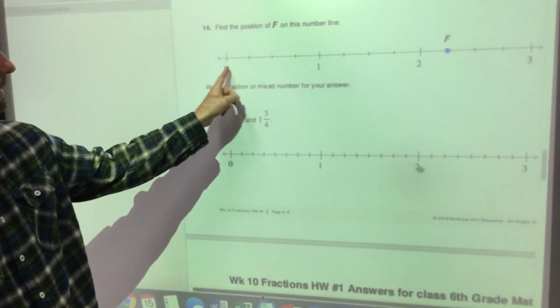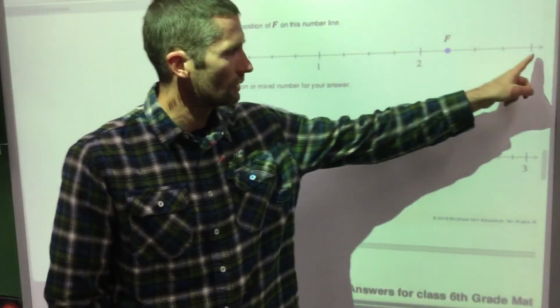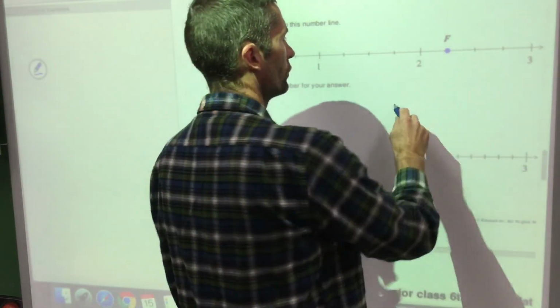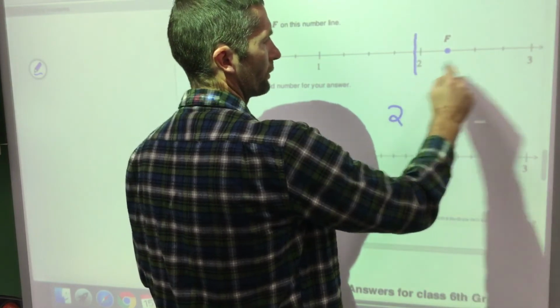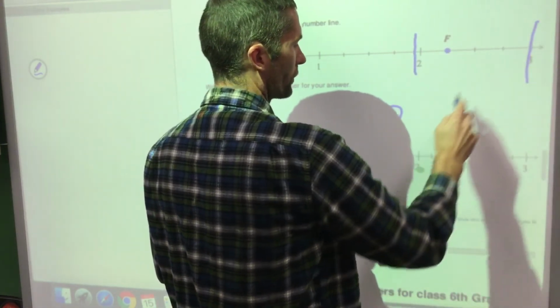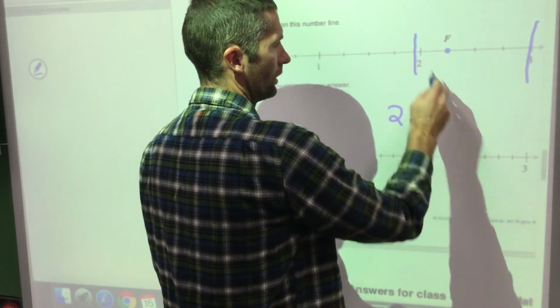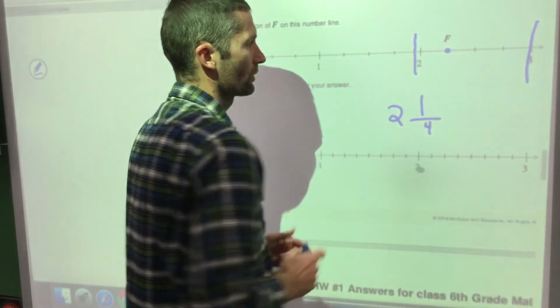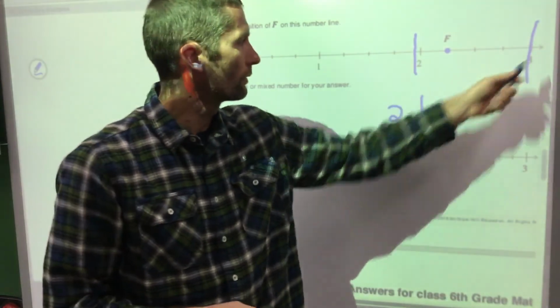Okay, so it's bigger than 1, bigger than 2, less than 3. So we know it's going to be 2, and however far from 2 to 3. So there's 1, 2, 3, 4, which is my denominator. And it's 1 out of 4. So my answer is 2 1/4.